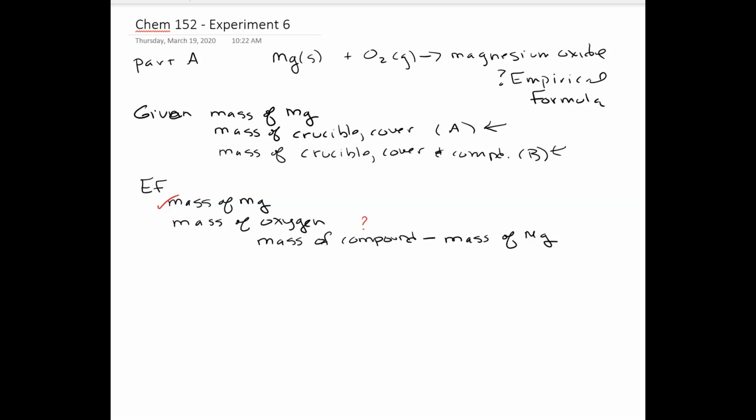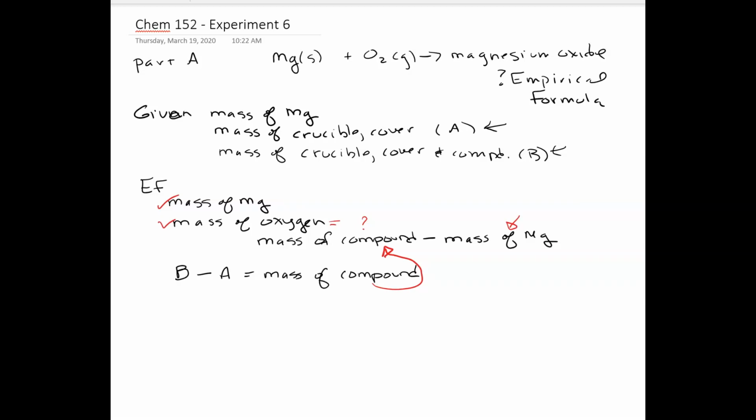So the mass of the crucible, the cover, and the compound, we'll call that B, minus the mass of the crucible and the cover will give us the mass of the compound, our magnesium oxide compound. We can then take this number, place it in here, subtract our mass of the magnesium, and then we'll have the mass of the oxygen.